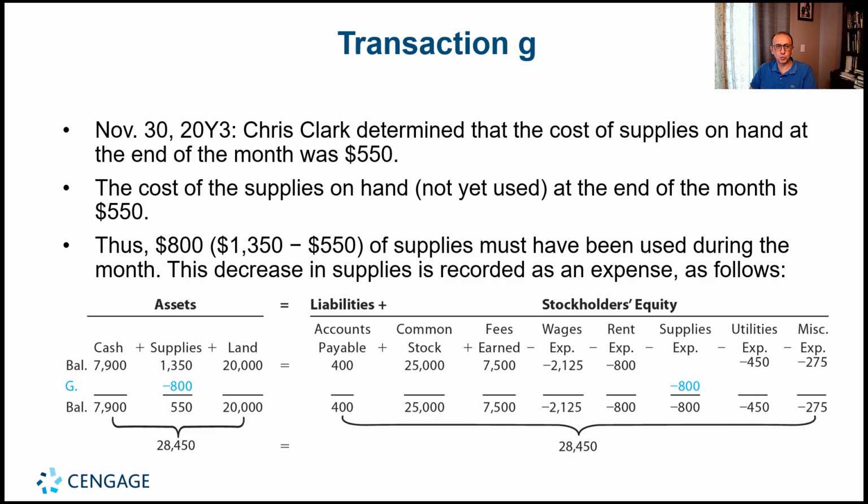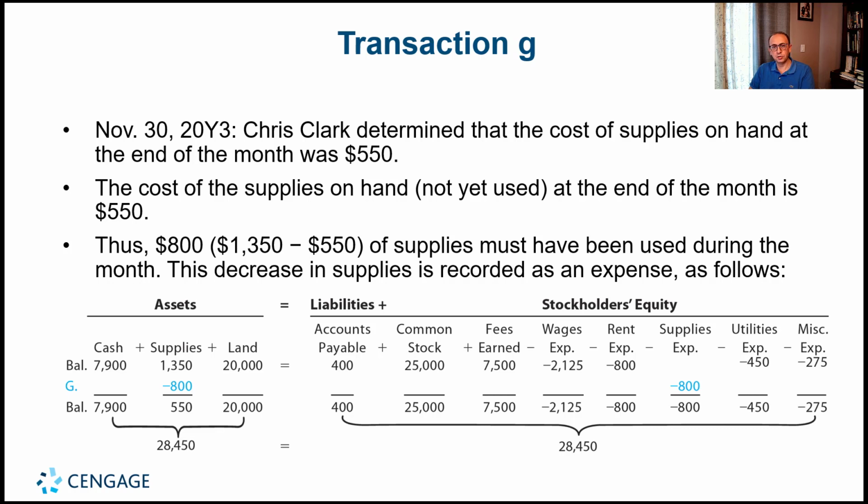It's the difference between what we started with, $1,350, and what we ended up with, $550, and that would be $800. So the cost of supplies on hand not yet used at the end of the month is $550. That's the leftover. I like to call it the leftover. So we have to see how much we have at the very beginning, deduct from it the leftovers to see how much worth of supplies we actually used.